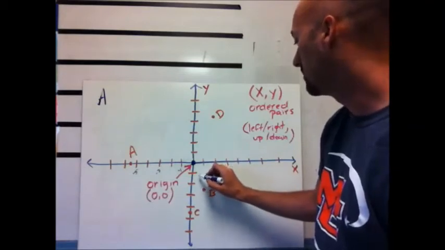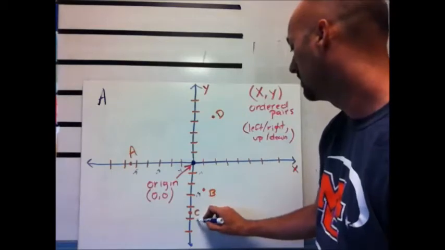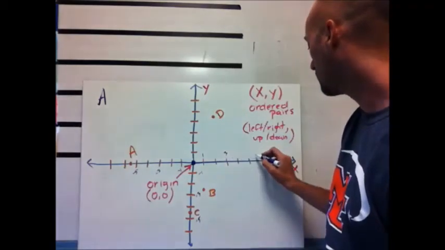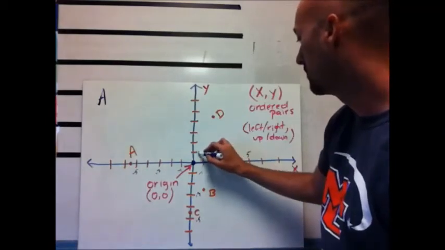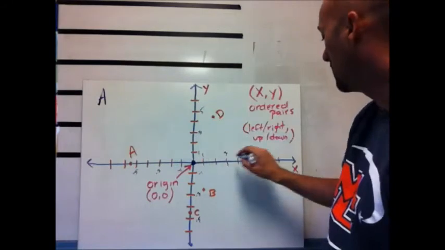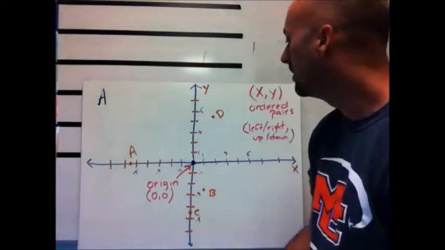Down is also negative: -1, -3, -5. These are all positive, and so are these. Positive up, positive to the right. Negative down, negative to the left. Think about our number lines.